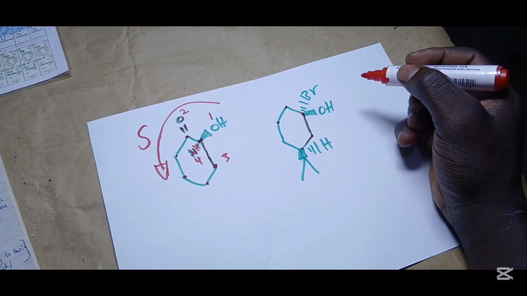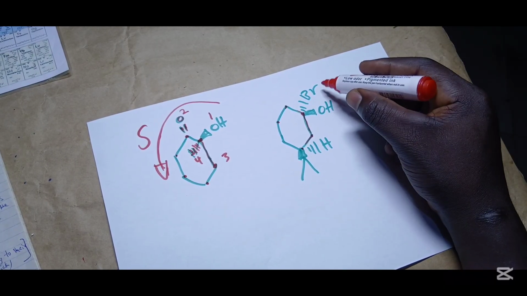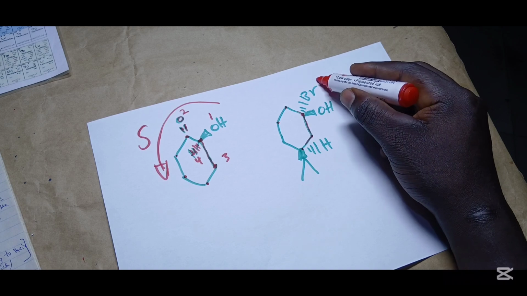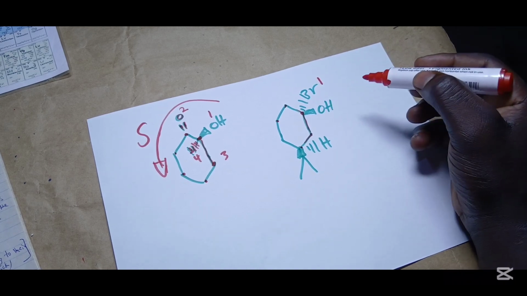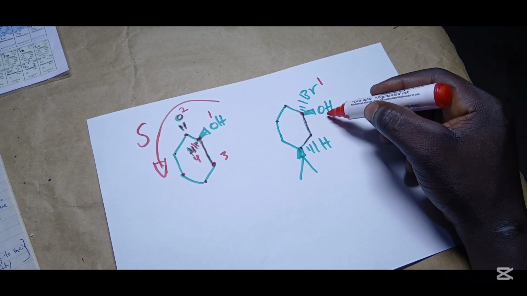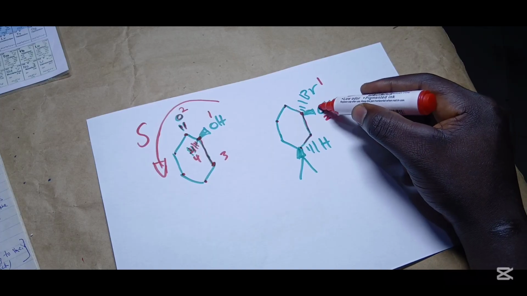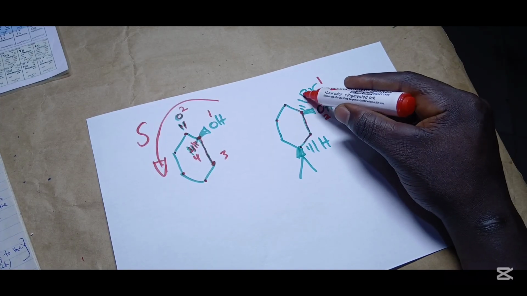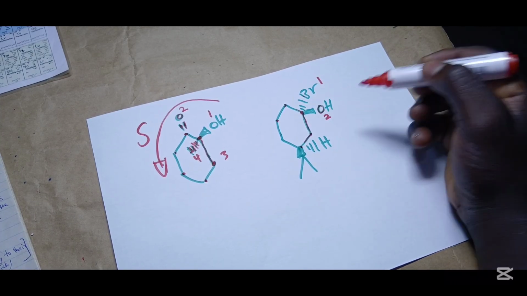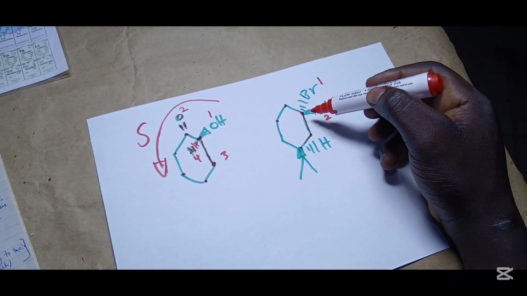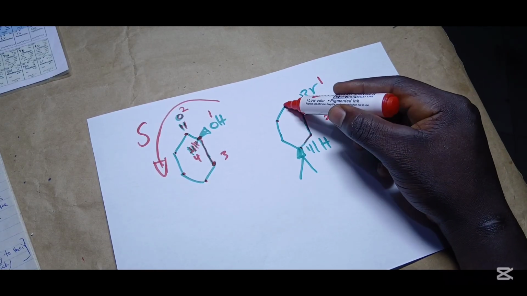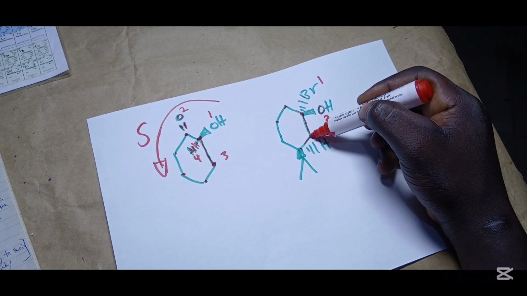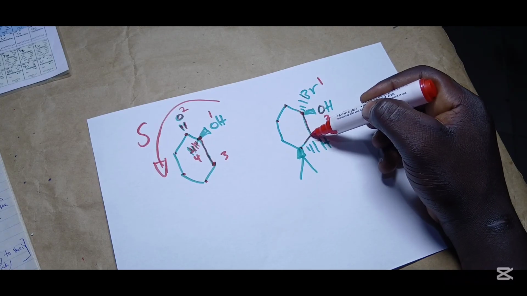So let's start indicating priorities. Bromine has the highest atomic number, so priority number 1, followed by OH, oxygen. You can just focus on the first atoms. And now, in this case, when it comes to carbon and carbon, we continue tracing to see which one will have a substituent.